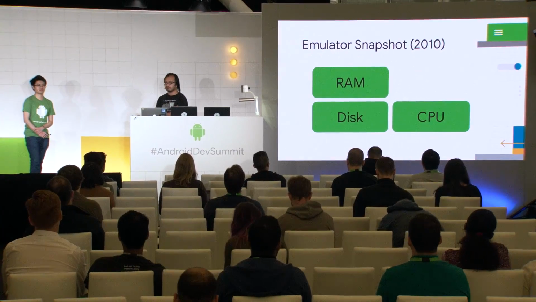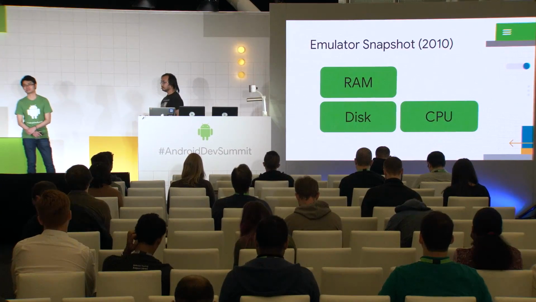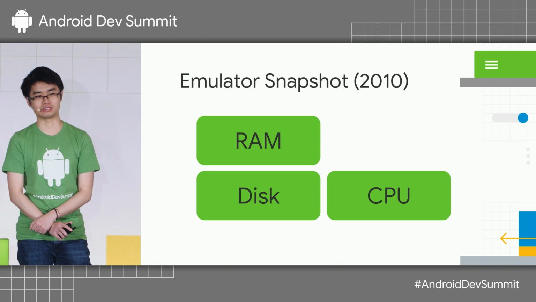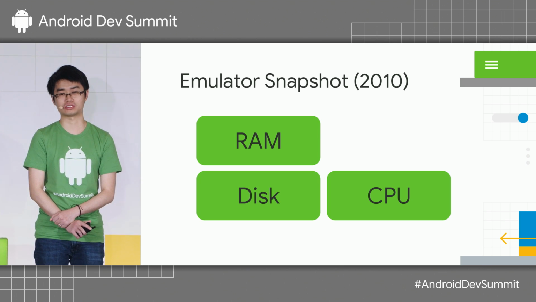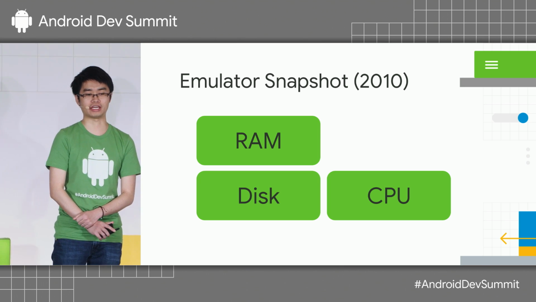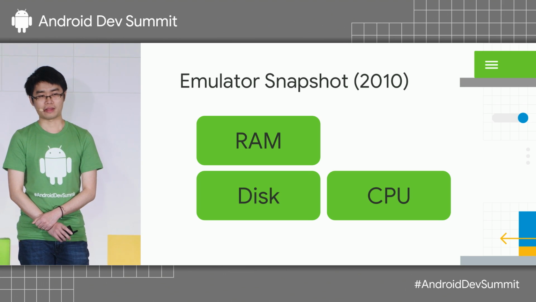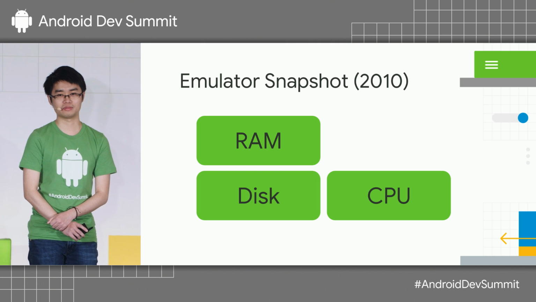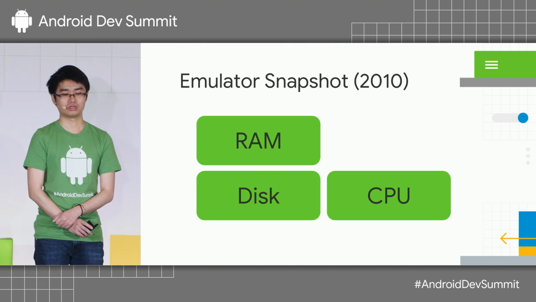So coming back to the snapshot support, if you remember in 2010, the emulator, even before emulator 2.0, we have a quick boot feature and snapshot support. And back in the times, the emulator only supports snapshots for RAM, disk, and CPU.